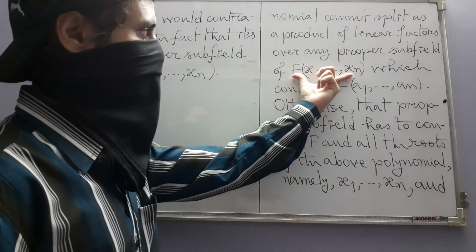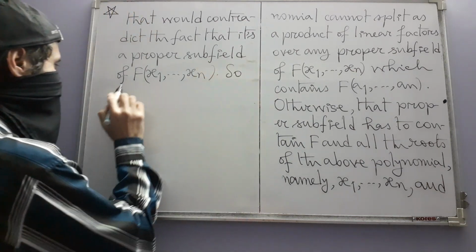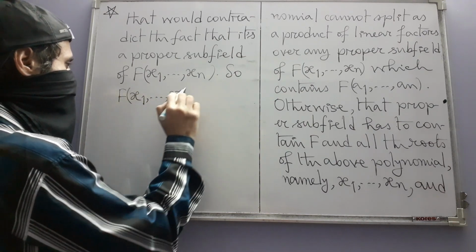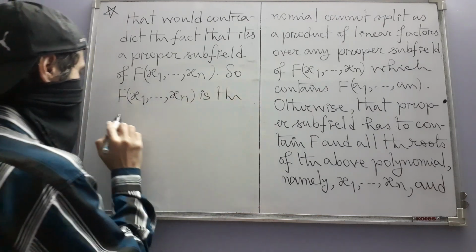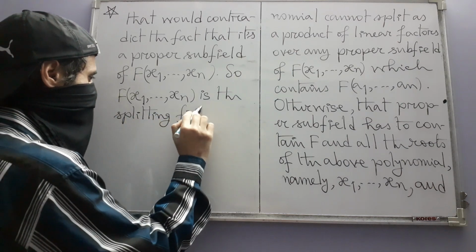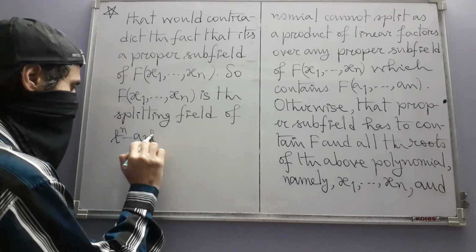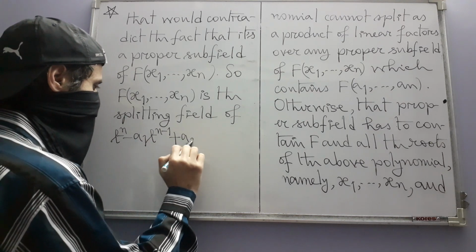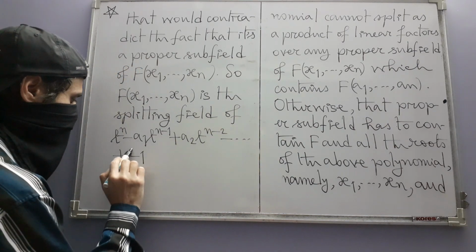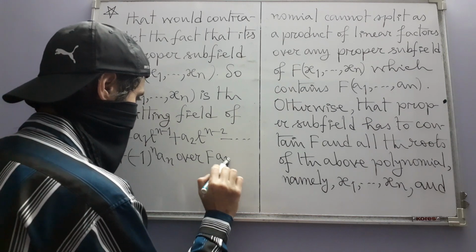That is why this is actually the splitting field of our polynomial over F of this.